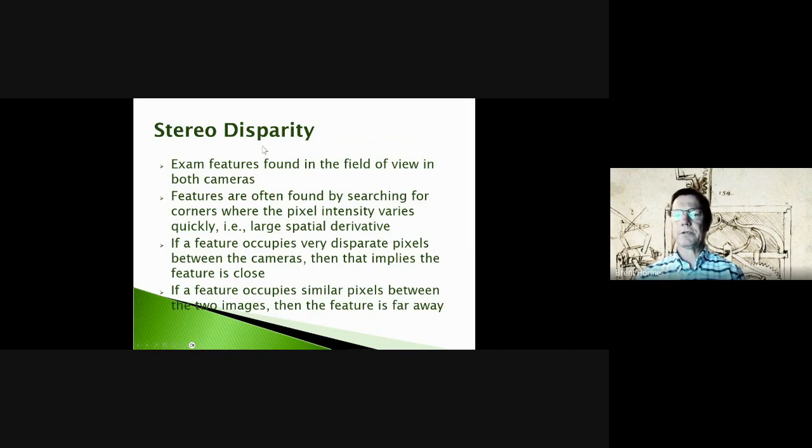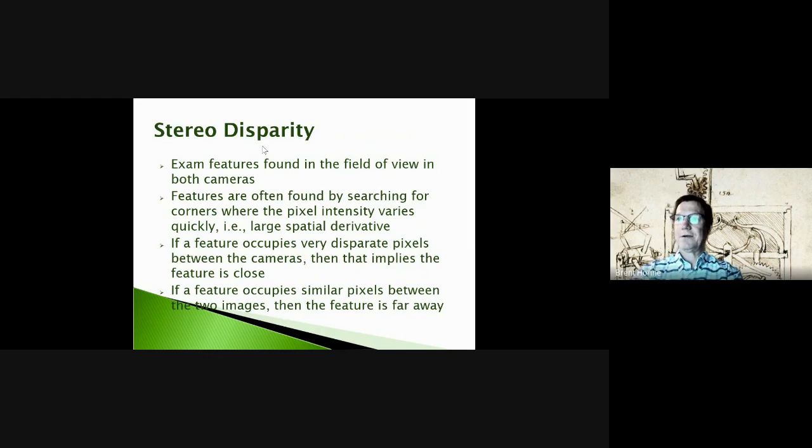So with stereo disparity, this is essentially how our eyes work, except our eyes work with, of course, our brain, which is some far more complex neural network than we've ever implemented in computers. But here we can examine features found in the field of view in both cameras. These features, what are they?